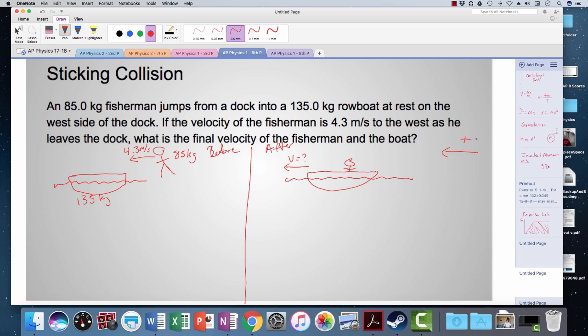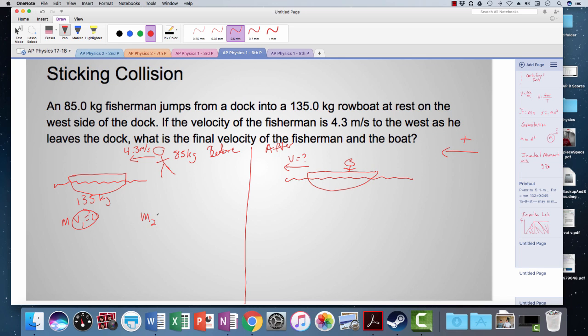You don't have to always call right positive. Okay, so let's do this. The rowboat is not moving, right? So the rowboat m1 times v1, that's just 0. So the boat is 0. So it doesn't matter. The only momentum in the system before is this person moving.